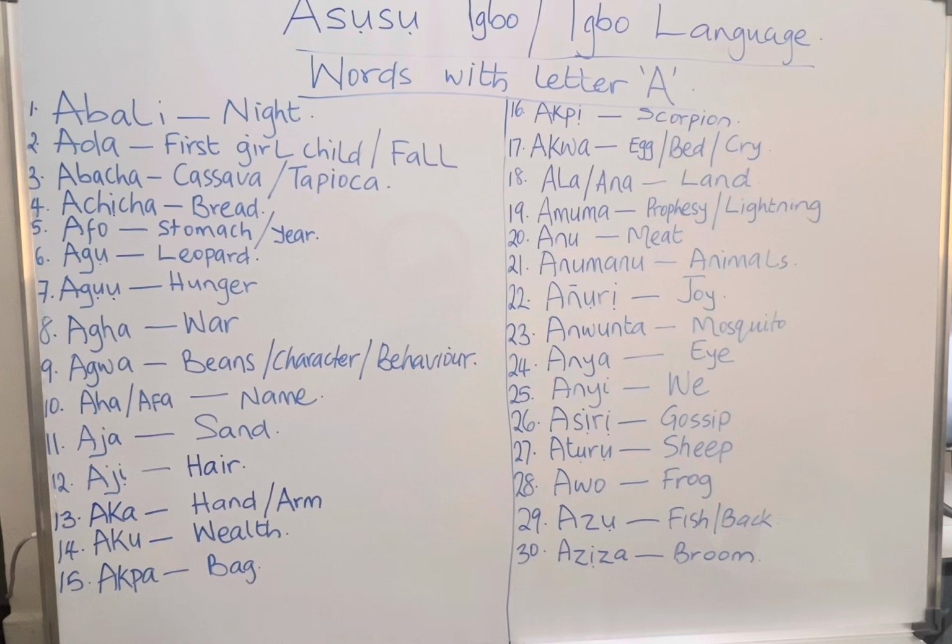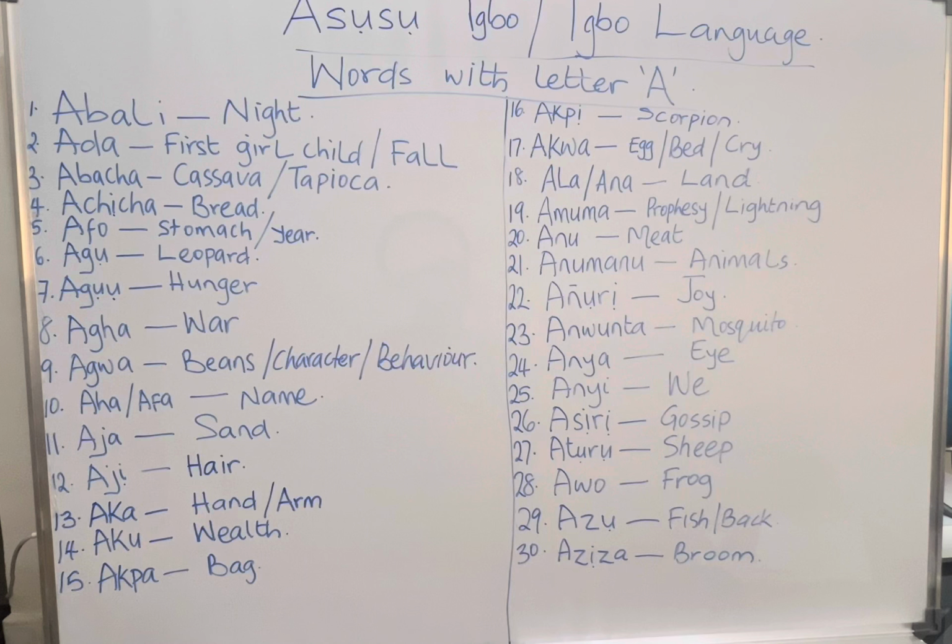Anyị na-abịa. Number 26, we have asịrị. Asịrị means gossip. Number 27, we have atụrụ. Atụrụ is sheep.